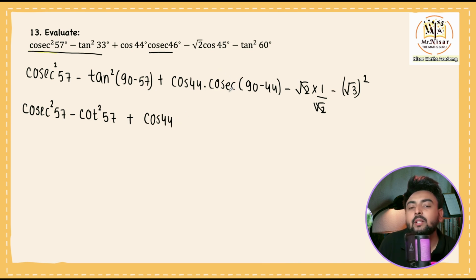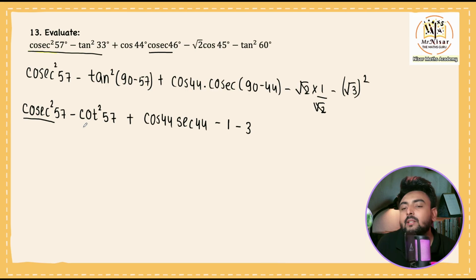Cosec is complementary to sec. So 90 minus 44, it will be sec 44. And what is remaining here? 1 minus root 3. Square root and square will get cancelled. 3 will remain.